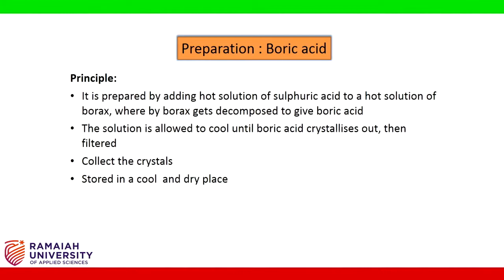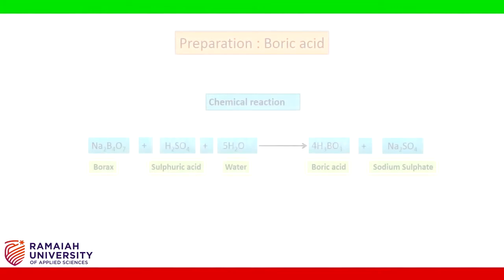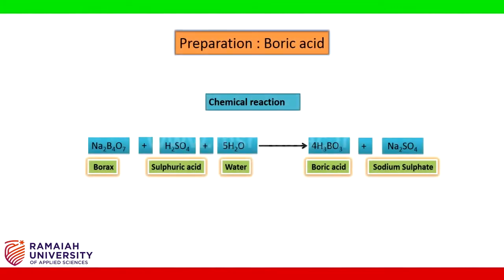Then filter, collect the crystals, and store in a cool and dry place. The chemical reaction involved in this preparation is borax plus sulfuric acid plus water gives boric acid and sodium sulfate.